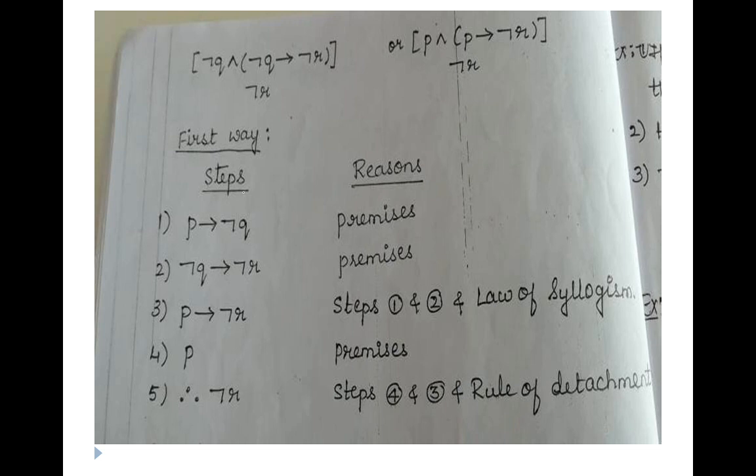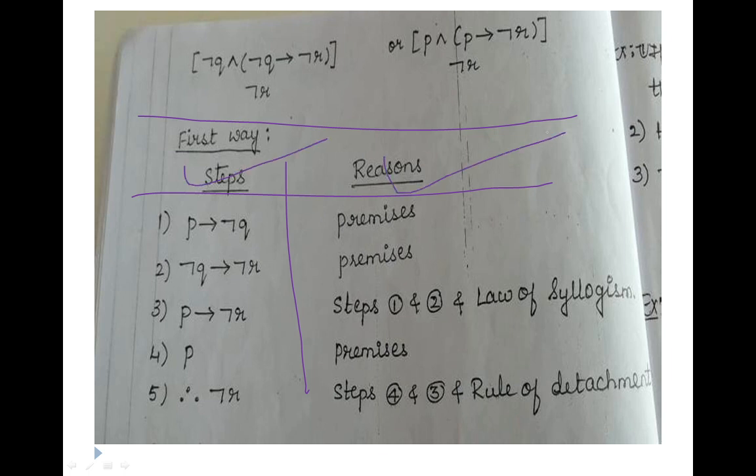While simplifying using rules of inference, make two columns. It is not mandatory, but you can make two separate columns. In the first we write steps, in the other we write reasons.